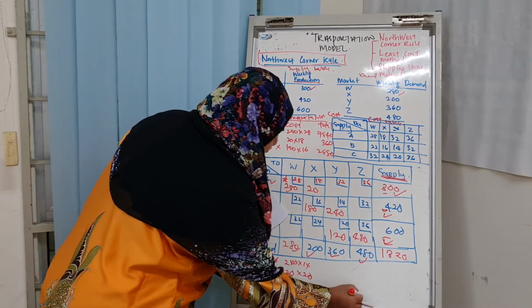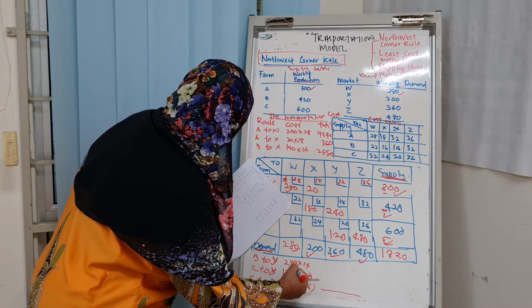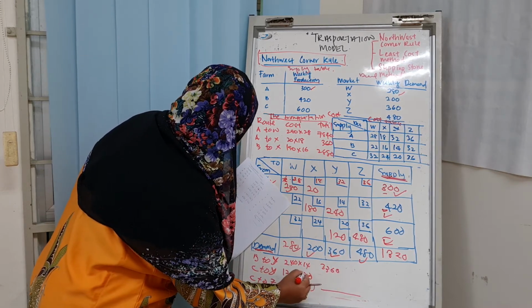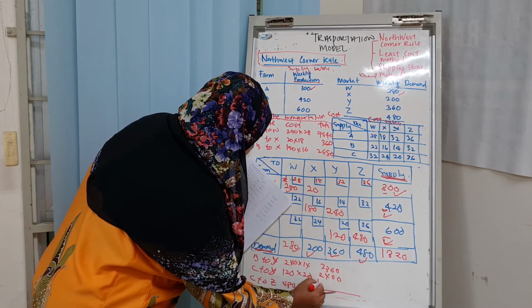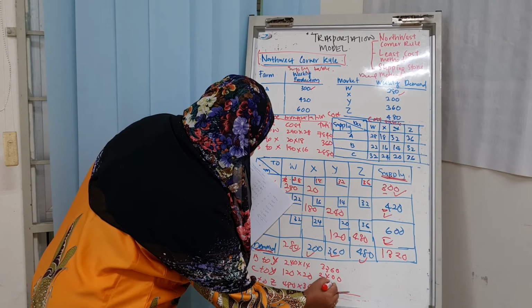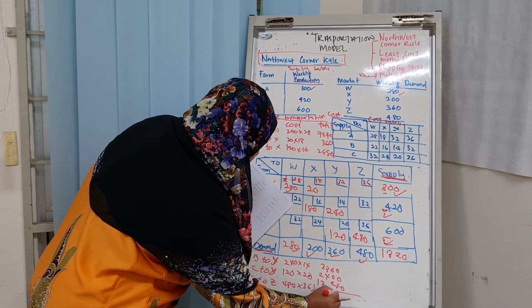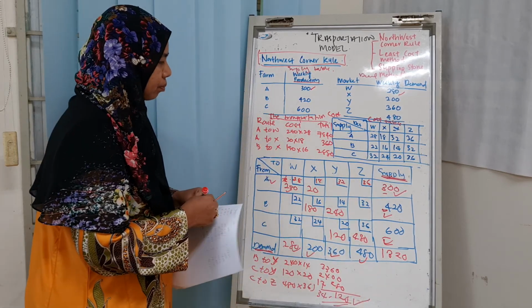So we will get this one 3360, and then this one 2400, and then 17280. The total is 34,120.